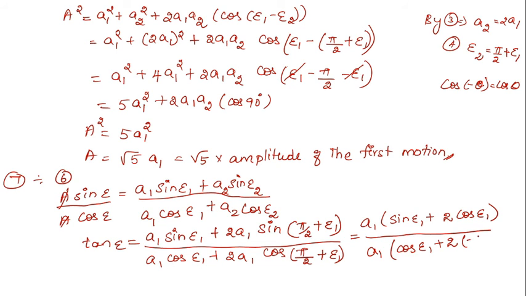So minus sine epsilon 1. Okay, this is what we have derived. A1 and A1 will get cancelled. So it will be sine epsilon by cos epsilon is equal to sine epsilon 1 plus 2 into cos epsilon 1 divided by cos epsilon 1 minus 2 into sine epsilon 1.